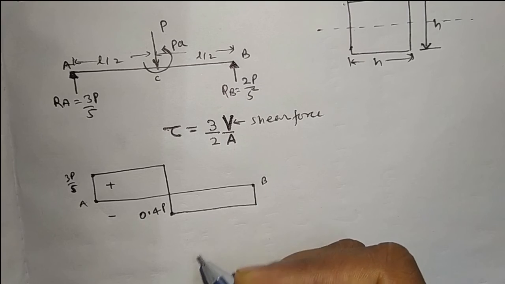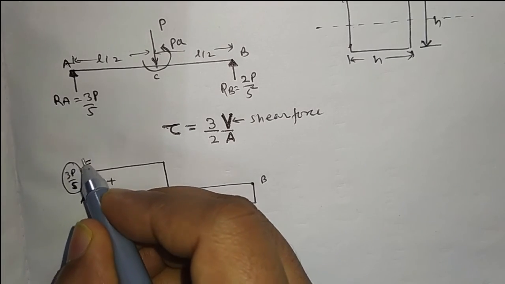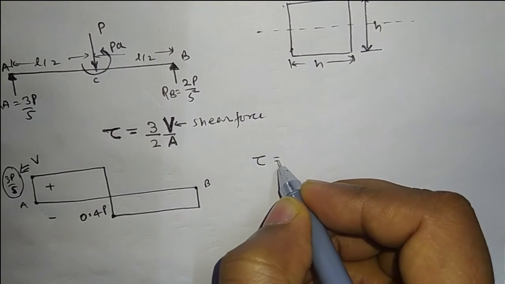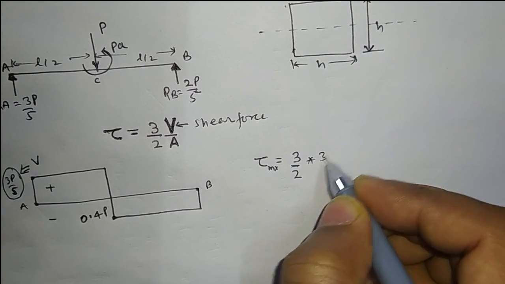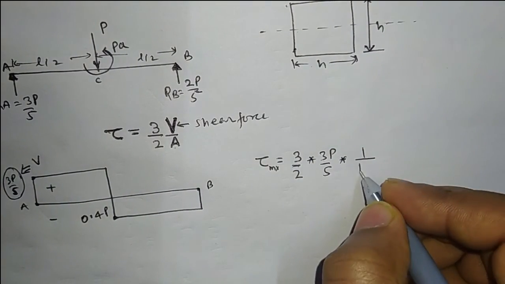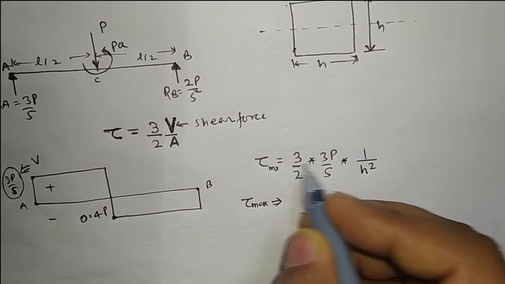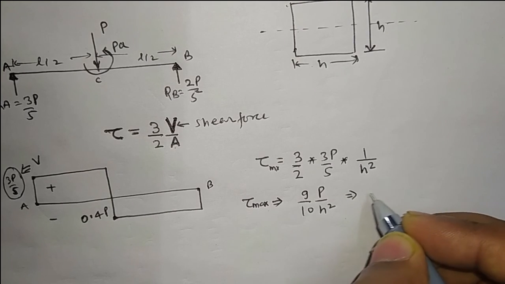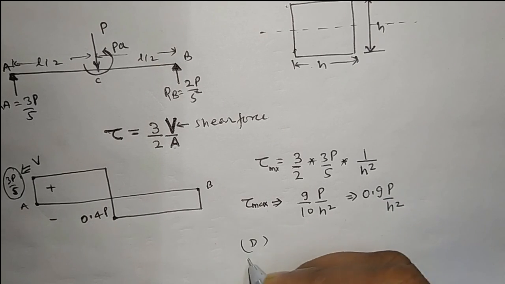We can see the maximum shear force, so we will use this as the value of V. So maximum shear stress will be equal to 3 by 2 into 3P by 5 into 1 by area, which is h into h square. So the maximum shear stress will equal 9 by 10 P by h square, so we get 0.9 P divided by h square. So option D will be the correct answer.